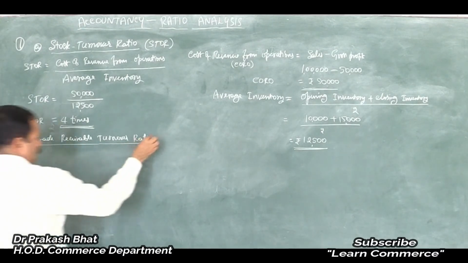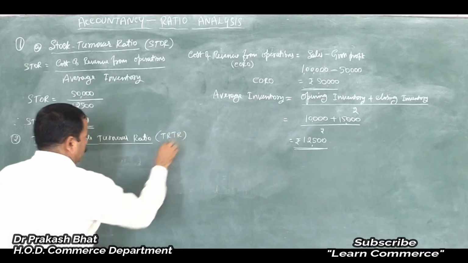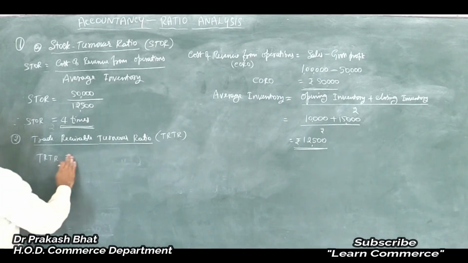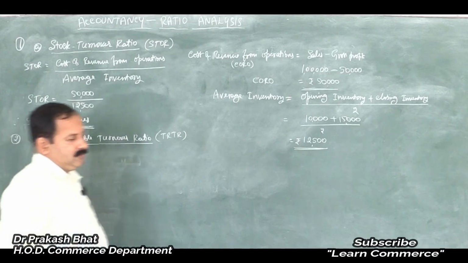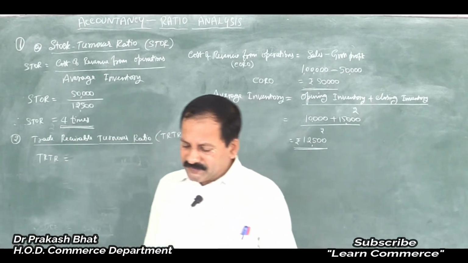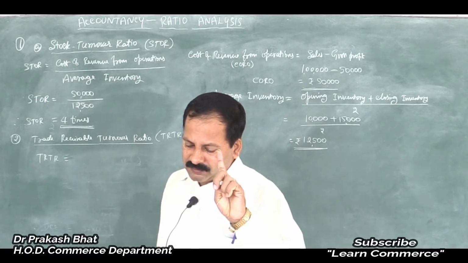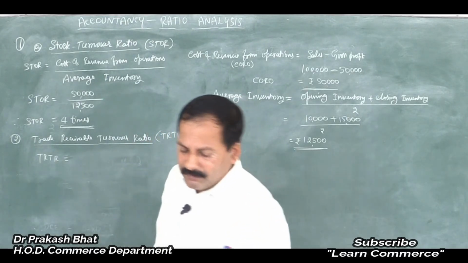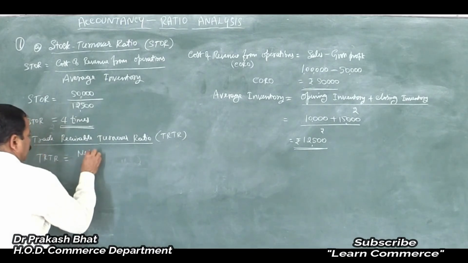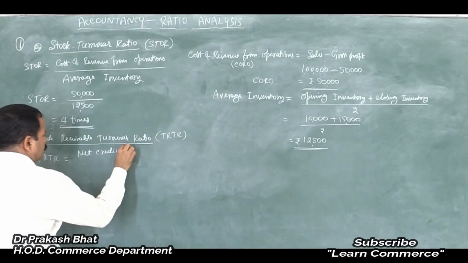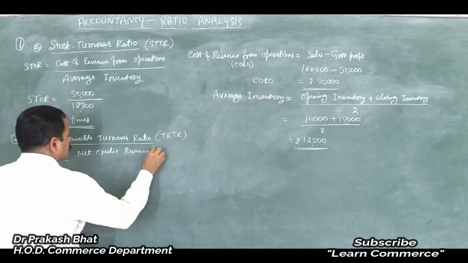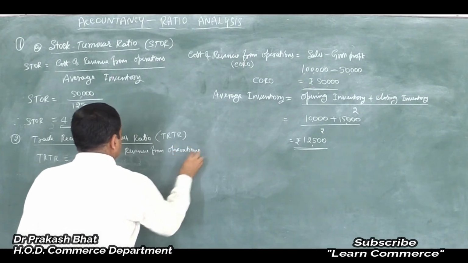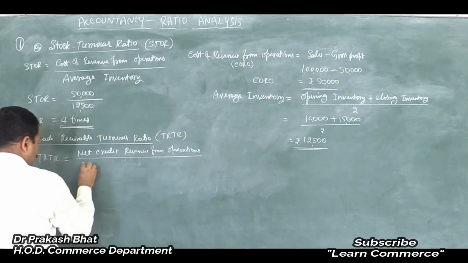Trade receivable turnover ratio is equal to net credit revenue from operations divided by average trade receivables.